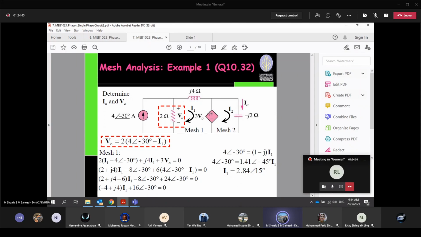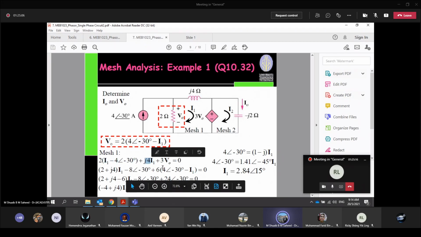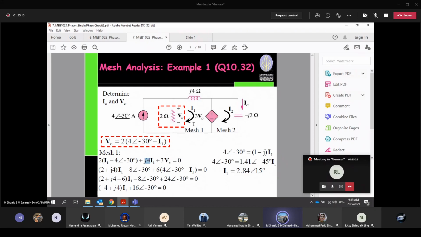So let's try to get the mesh. You have two meshes over here. For the first mesh, you may start with your j4 ohm. So this will be I1 j4. And then you move to positive 3V0.